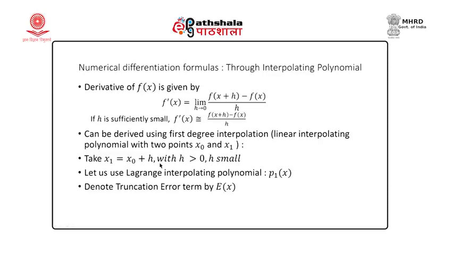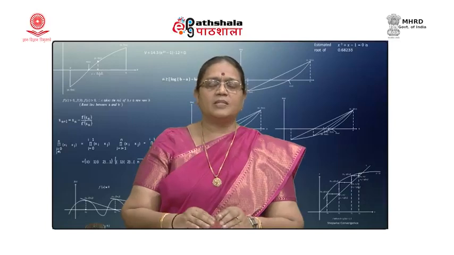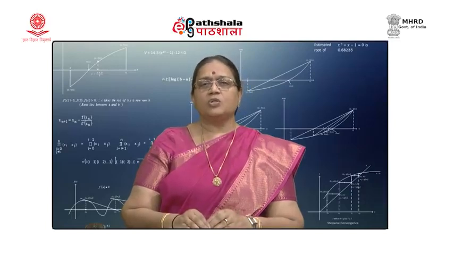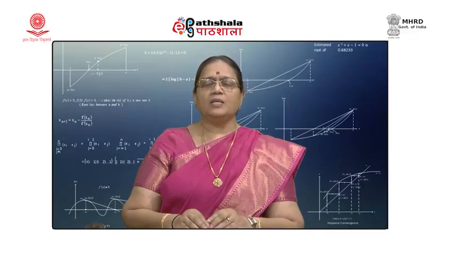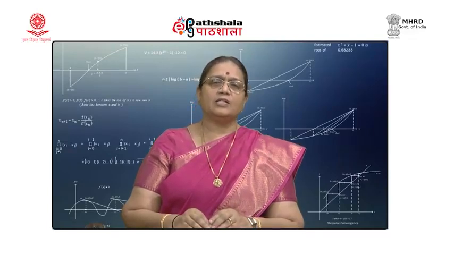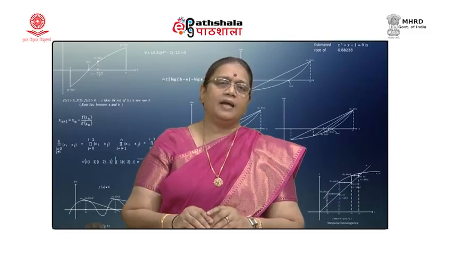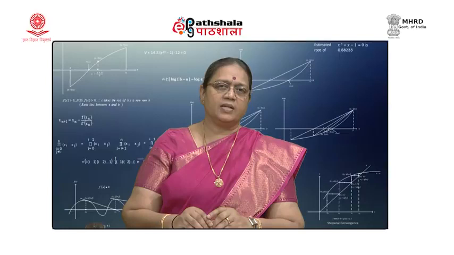And we apply Lagrange's interpolating polynomial. The reason for choosing Lagrange's interpolating polynomial is that it has the form sigma L_i(x) f(x_i). So, it is already in the form of a linear combination of the function values, with the coefficients in Lagrange's functions. This is very handy to directly derive the differentiation formula.